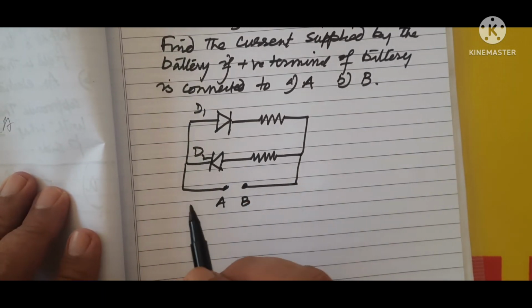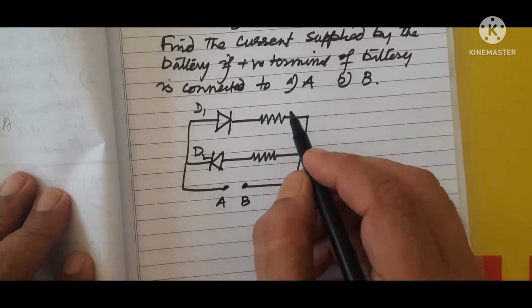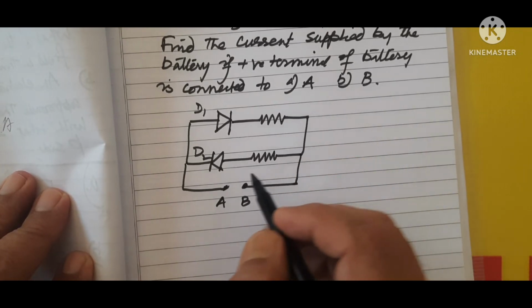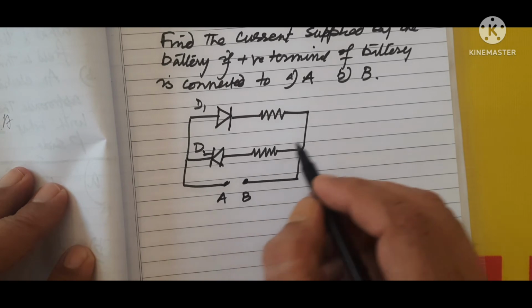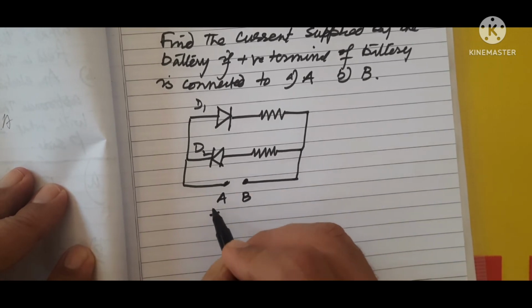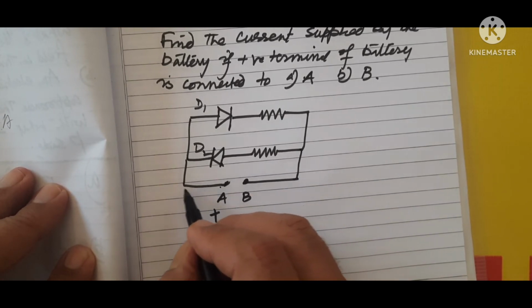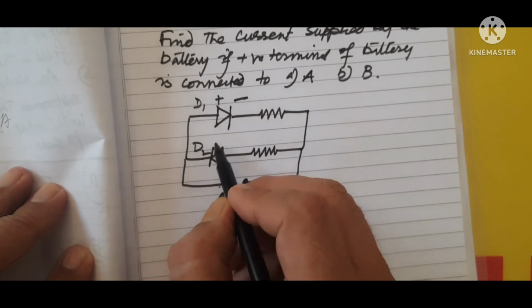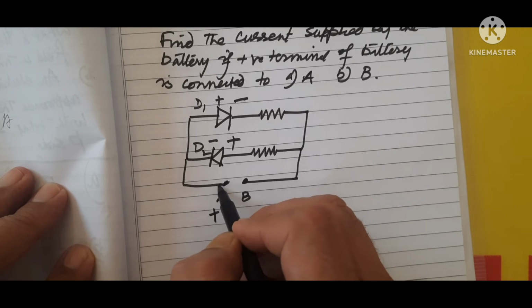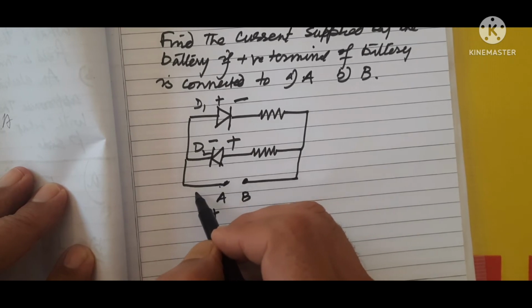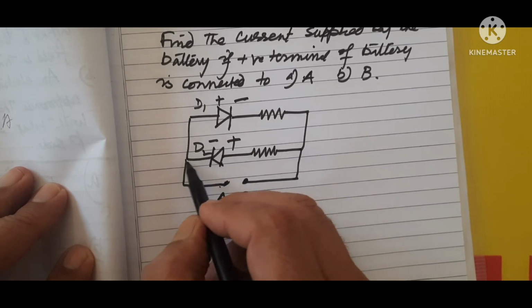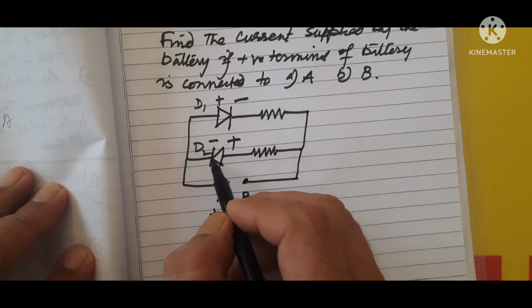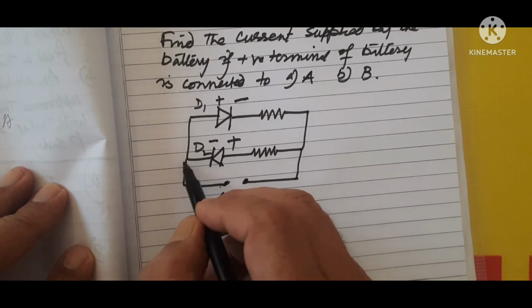We know the diode works only in forward bias and it does not work in reverse bias. So when A terminal is positive, positive to positive is forward bias, the triangle side positive and the vertical line negative, right? So here, in forward bias, it will pass current and the resistance is 10 ohm.